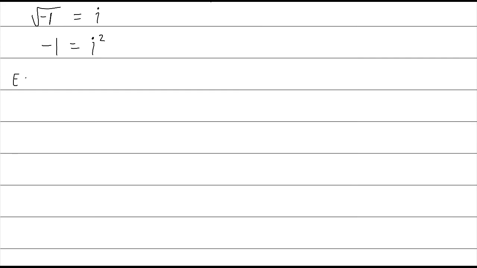Example number 1, the square root of negative 21. I want to find the square root of negative 21. I'm going to split this up right away into the square root of 21 times the square root of negative 1. That's allowed; that's technically the same thing. And we just said that the square root of negative 1 is i. So this is the square root of 21 times i.